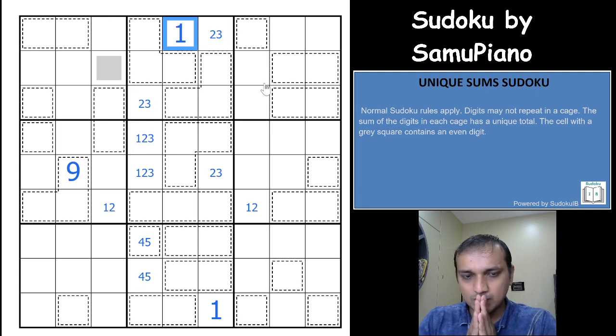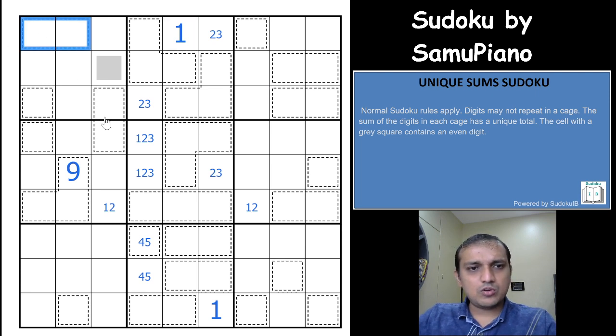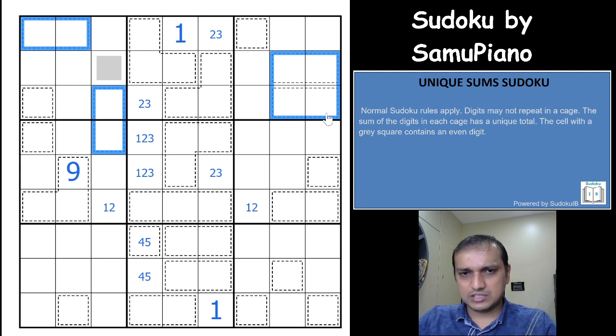Amazing. So which means out of the 2 cell cages we have fulfilled the 10, 11, 12 and 13. So out of these 4, they are 14, 15, 16 and 17, right?